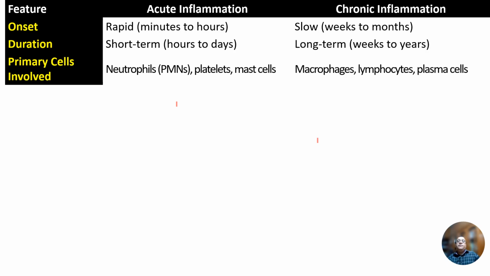So now to differentiate between acute inflammation and chronic inflammation, the onset of acute inflammation is rapid, while the chronic inflammation is slow in onset, while the duration of acute one is short-lived, while the chronic one is long-term, takes years or weeks to be terminated.